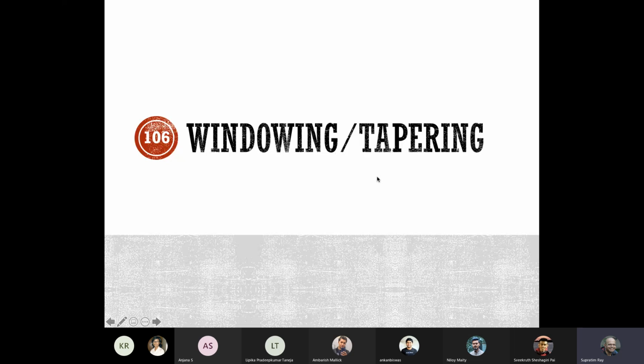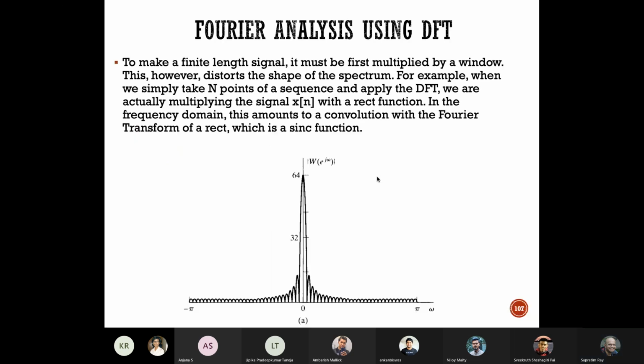Okay, so let's carry on from where we left in the last class. We talked about windowing a signal before taking the Fourier transform. The idea is that whether or not you explicitly apply a window, you are always distorting the true spectrum that you're interested in, because you're only viewing a finite duration of the signal.